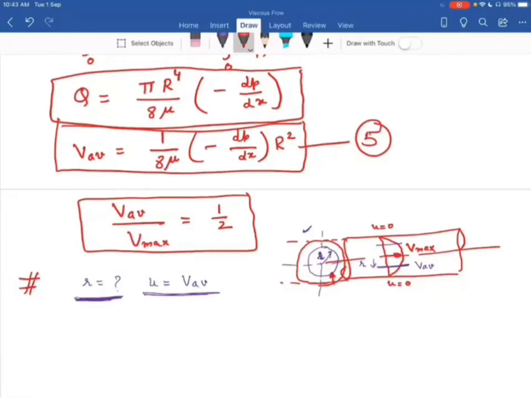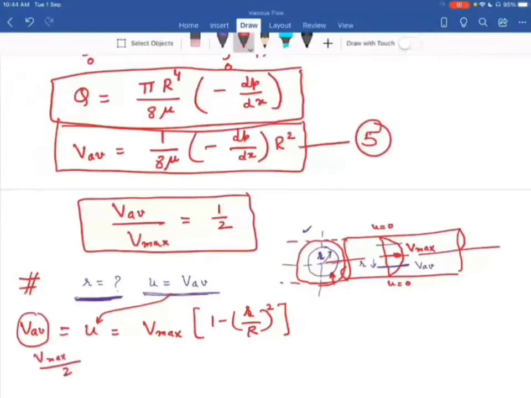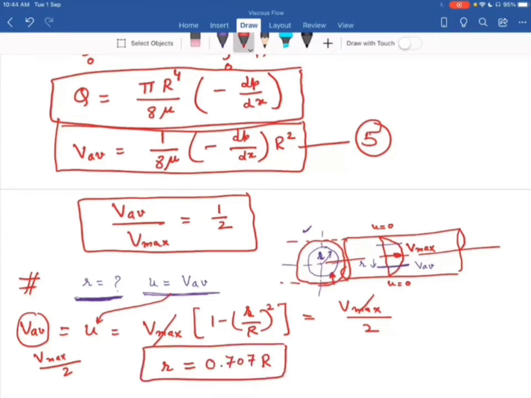You can find out from u equal to V max into 1 minus r upon capital R whole square. The relation for V average to V max is V max by 2, so this term should be equal to V max by 2. V max cancels with V max, and the relation for r and capital R comes out to be 0.707. So this means at this radius, the velocity of the layer is V average.